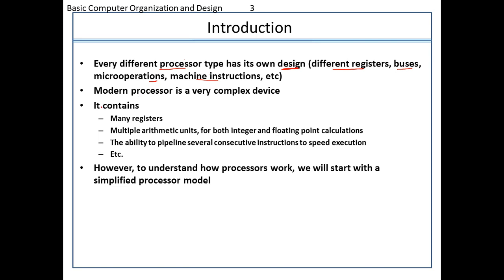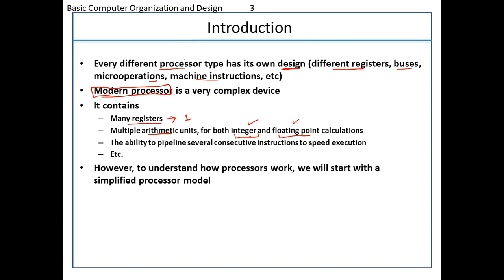But if we talk about the modern machine processing devices, these devices are very complex. The reason is that they consist of a great number of registers. This is the very first reason. The second thing is that, depending upon the capability of the modern digital machine, I am able to perform both integer as well as floating point calculations.